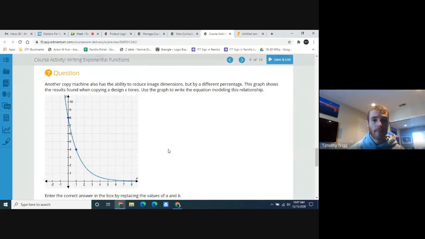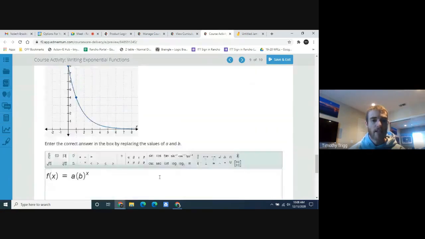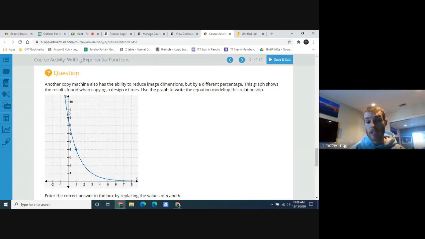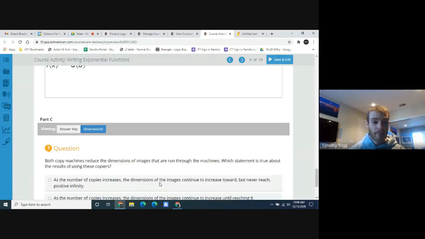And you'll go over that more in Algebra 2, as well as in pre-calculus, that some graphs have what's called an asymptote. That means the graph approaches it, but it doesn't cross that barrier. So in this case, this exponential decay graph has an asymptote that is the x-axis.